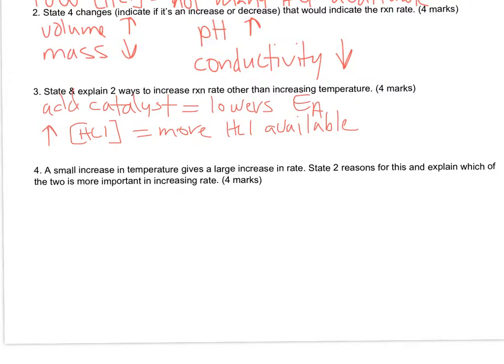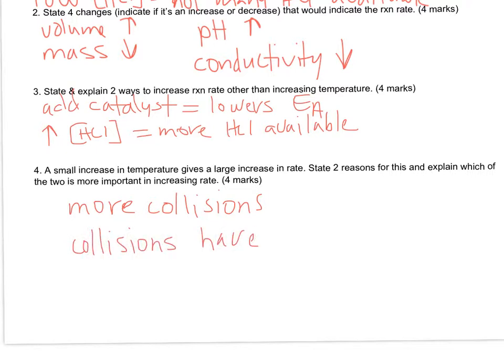And then number 4 says a small increase in temperature gives a large increase in rate. State 2 reasons for this. The 2 reasons are simply that you have more collisions, and collisions have more energy. Which one's more important? The greater energy.